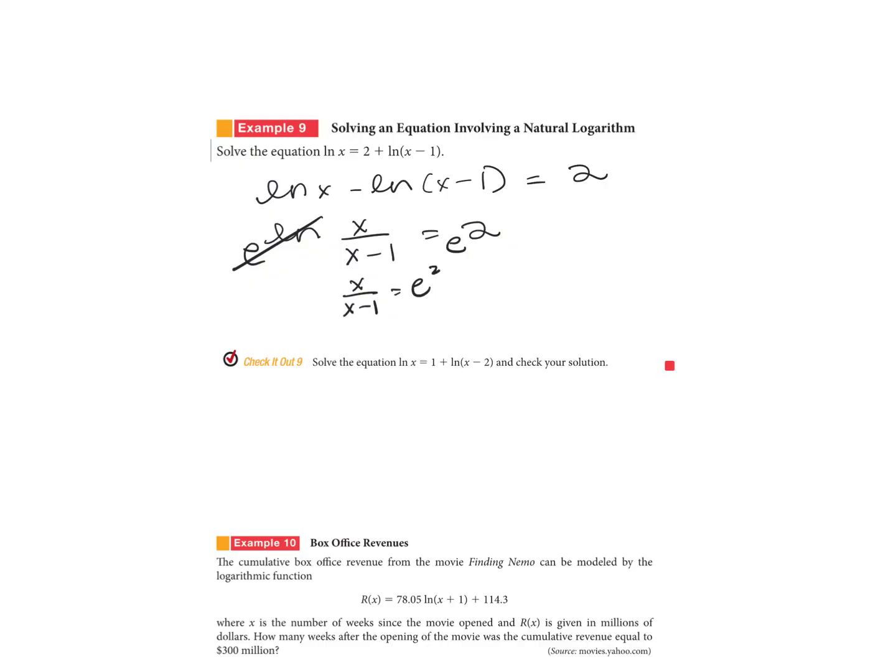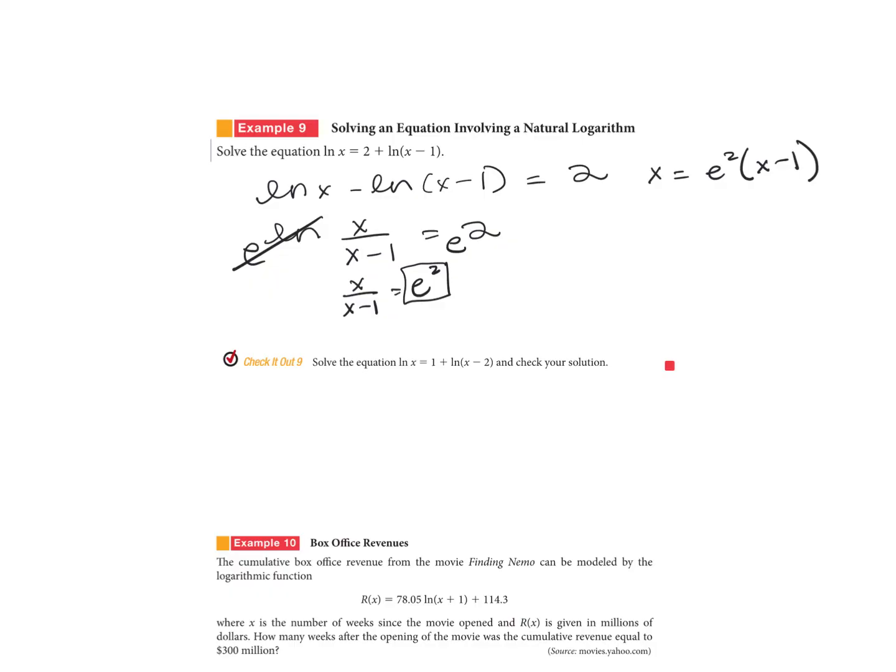And the way that you would solve this is that e squared is just a constant now. I'm going to treat it like a variable, but it's just a constant. E squared is actually, which I can take on my calculator, 7.38, but I don't want to write 7.38 over and over again, so I'm going to leave it like a variable, even though it's just a constant.